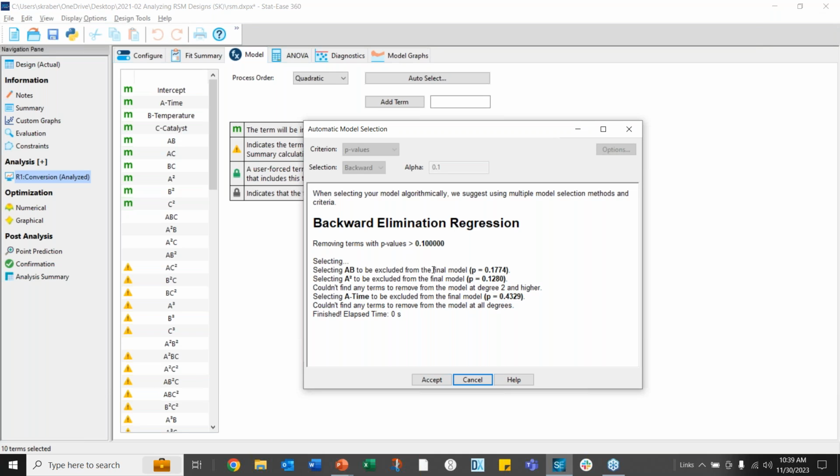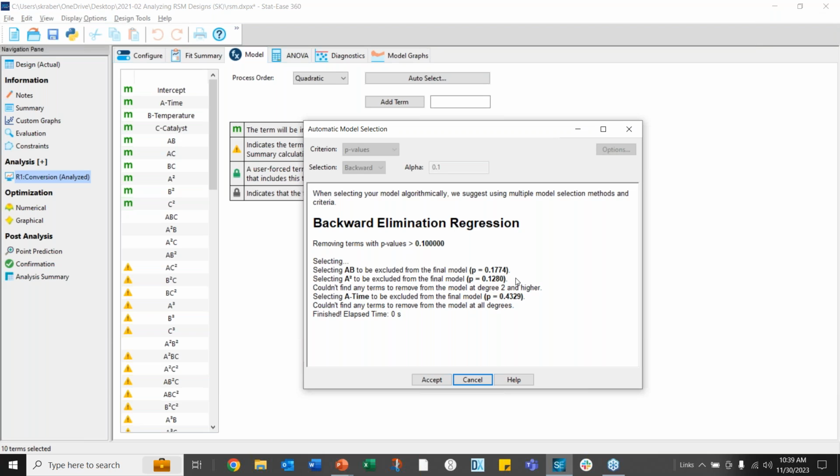So the AB interaction had the biggest p-value at 0.17, and so it says selecting AB to be excluded. Okay. When it excludes it from the model, it puts it into the residual. So it just moves it down to the residual. And then all the p-values are recalculated. And then it looks again and says, oh, A squared is the next one, the next biggest one. So it takes that one off.